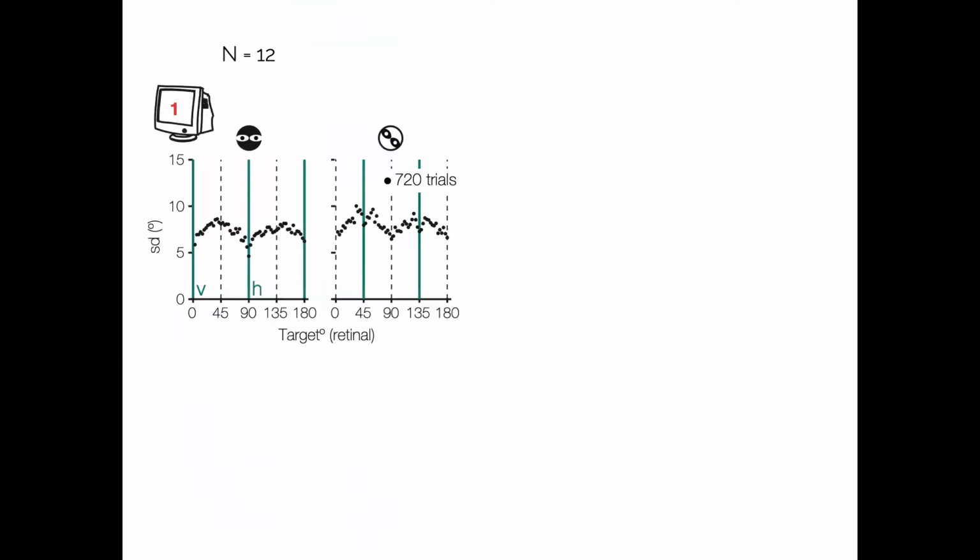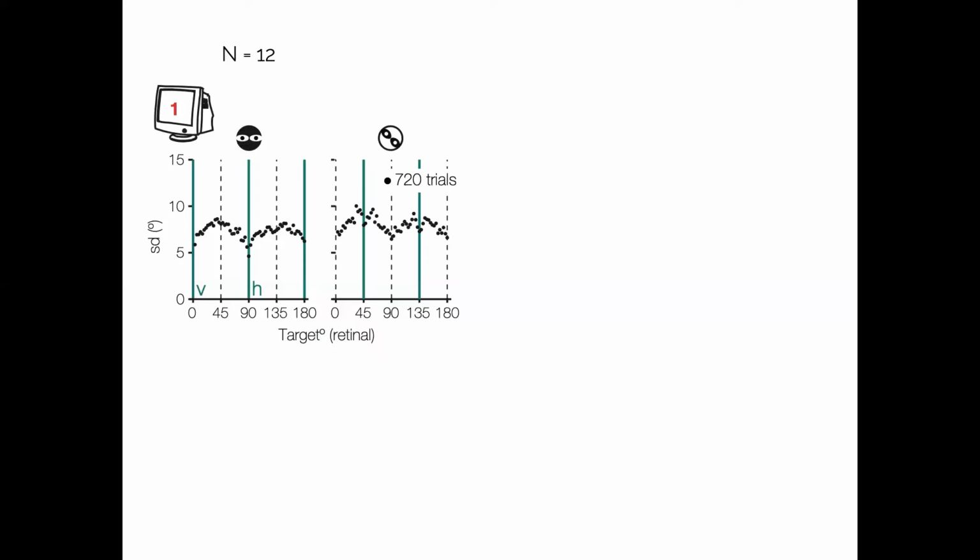All right, and I hope that I can convince you even further by showing you the data across all of the subjects. So what we have here now is the data for 12 subjects, and that means that I no longer have to smooth or do anything now. Each dot here is an orientation that was presented, and that's 720 trials of this orientation being presented to all these people.